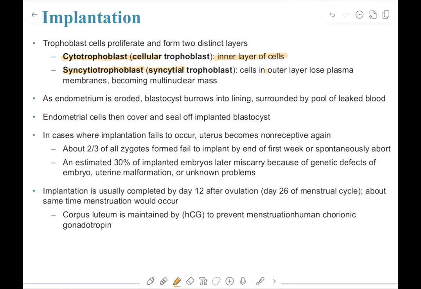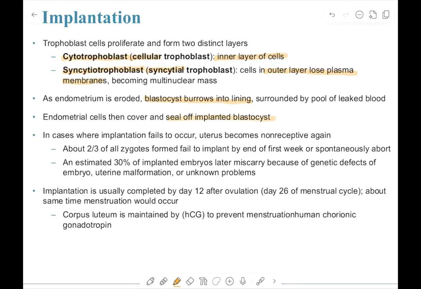So it's the outer layer as it loses its plasma membranes to become a multi-nuclear mass. As the endometrium is eroded, the blastocyst starts to burrow into the lining. The endometrial cells then cover and seal off the implanted blastocyst.